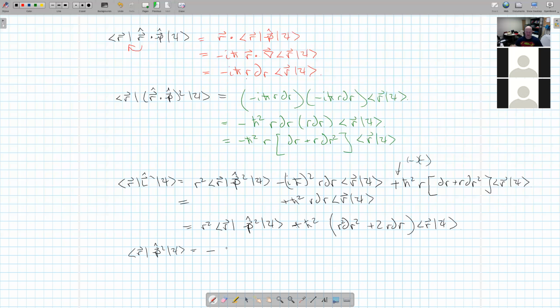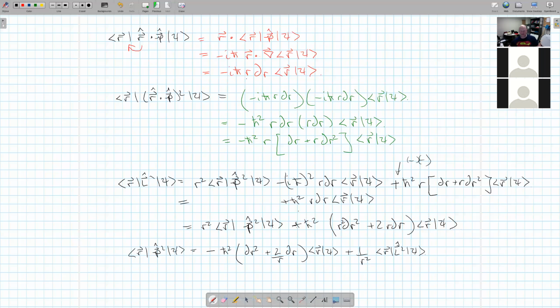So this is going to give me a negative ħ squared times, so now I'm going to get a ∂²/∂r² plus 2 divided by r ∂/∂r, all acting onto r psi, and then I'm going to get a plus 1 over r squared r L hat squared psi.